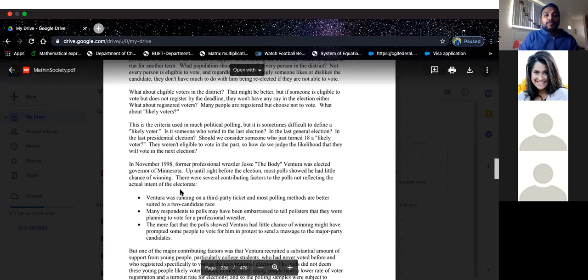He says one reason could be that, since the wrestler was running from a third party, the polling agents, the people who were conducting the polls, were mostly from the two major parties, like the Democrats and the Republicans.